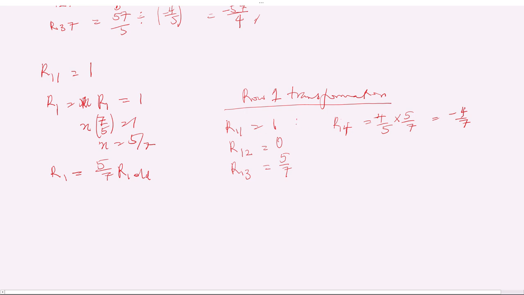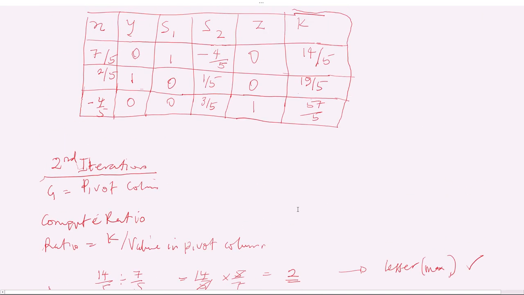So R15 equals 14 over 5 times 5 over 7. I think we already calculated that. Let me check.